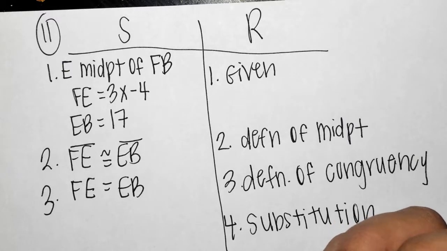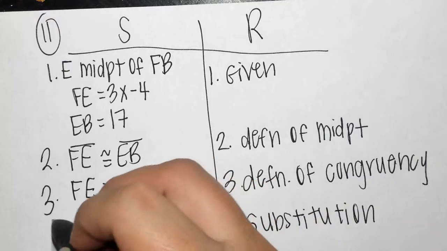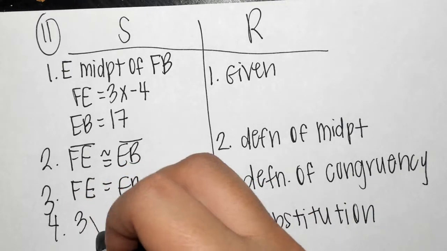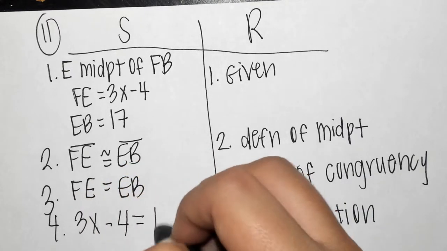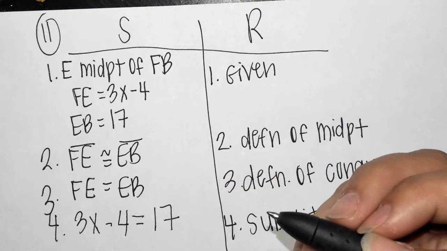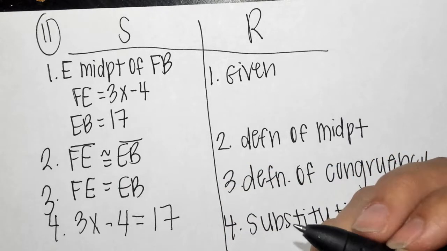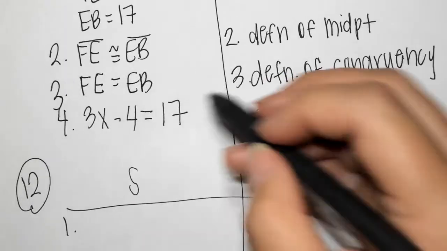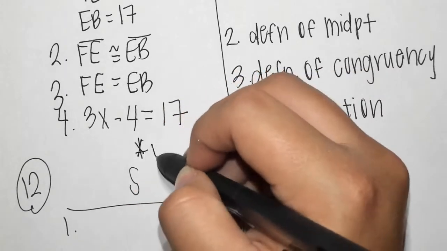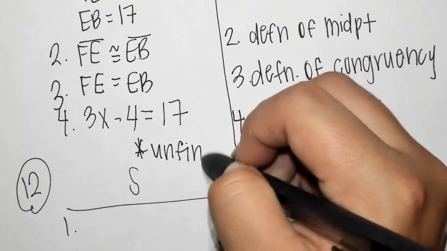Do what? You should just do 3x minus 4 equals 17 and then solve it and you get 7. Yeah, then you're good. I'm not going to finish this, so this is unfinished, but I want you to finish it.